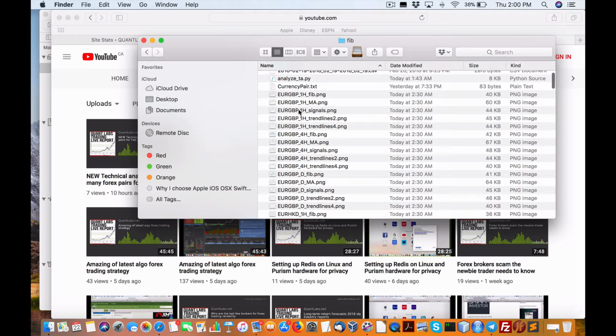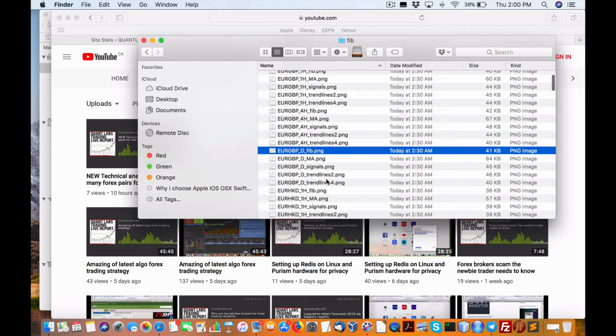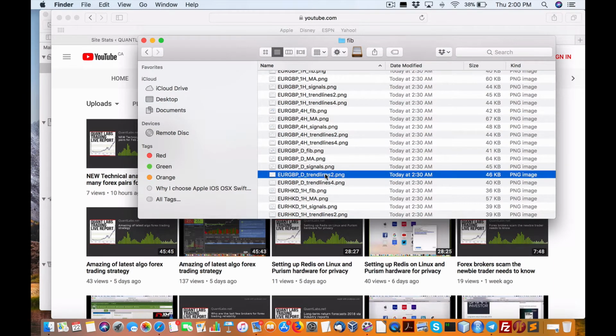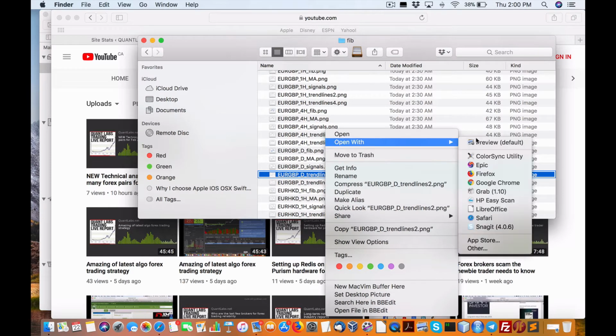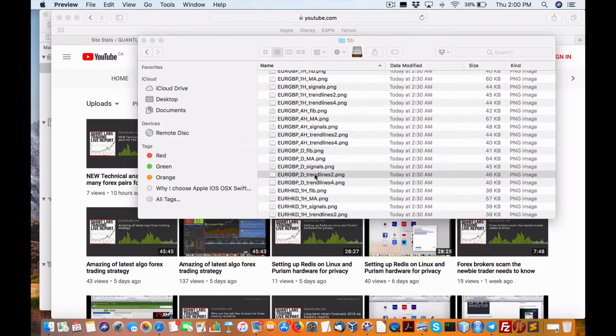Okay, so I'm going to do the Euro GBP, and then we'll compare that against the moving averages. Yesterday I went in and took a look at these different pairs. These were generated 2 days ago. So we have a somewhat positive trend line up for the last period.